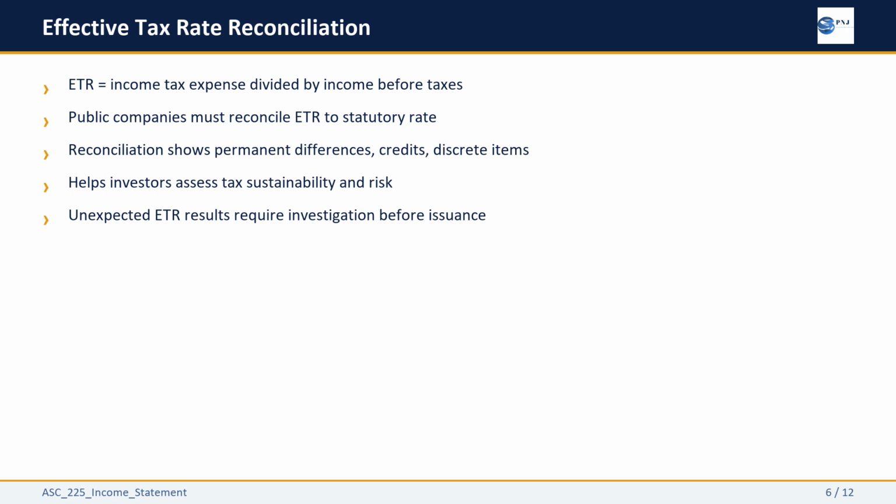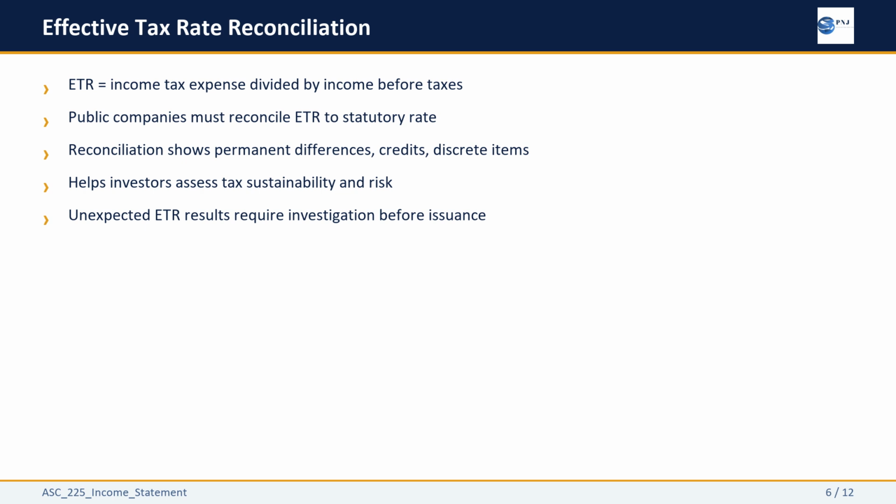The effective tax rate, income tax expense divided by income before taxes, is one of the most scrutinized metrics in financial reporting. For public companies, US GAAP requires a reconciliation in the notes that walks from the statutory federal rate to the actual ETR. Every item that causes the two to differ must be explained.